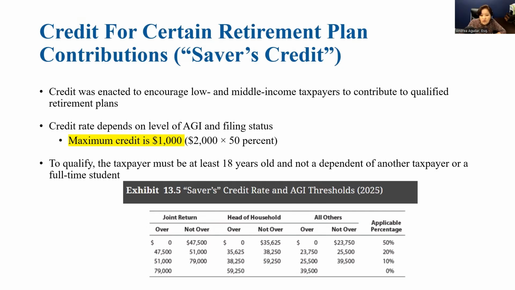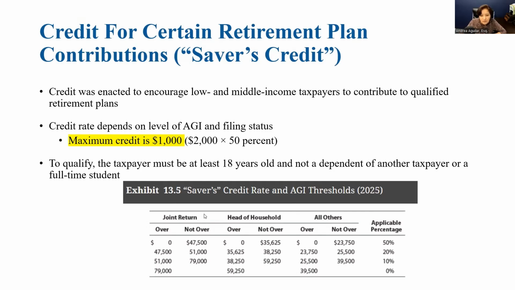If you're looking at head of household, you could not make more than $35,625 if you wanted to get the 50% credit on your contribution. Similarly, married filing separately or single taxpayers will qualify for the 50% contribution credit, meaning $1,000, if their adjusted gross income was not over $23,750.